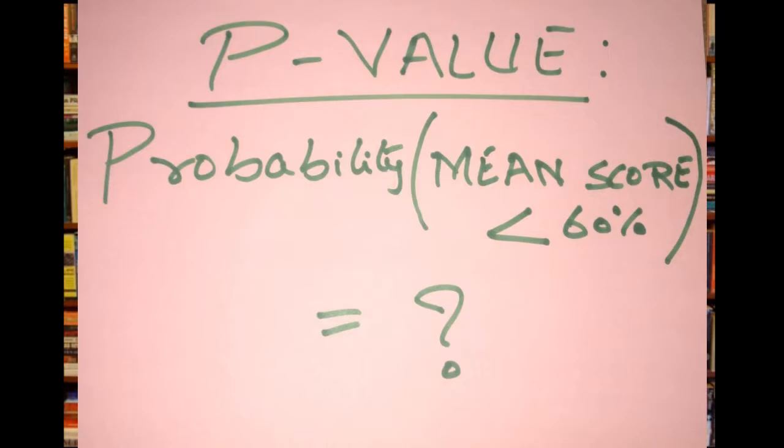Under this assumption, they wanted to verify the probability that people will get less than 60%. Right? So this example is the same as the theory which we have seen in the previous part of the video. Under the assumption that people will get 60% or more, what is the probability? In other words, what is the p-value? What is the probability that they will get less than 60%? That means in the rejection area.